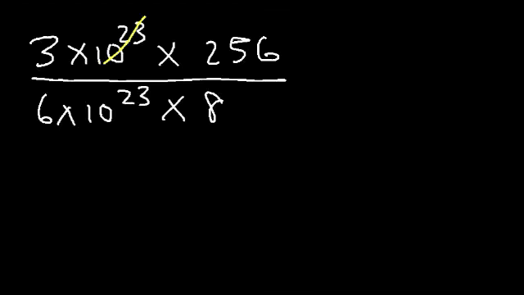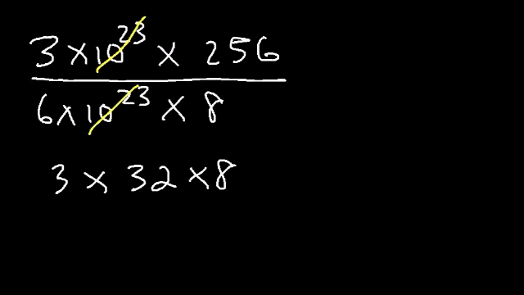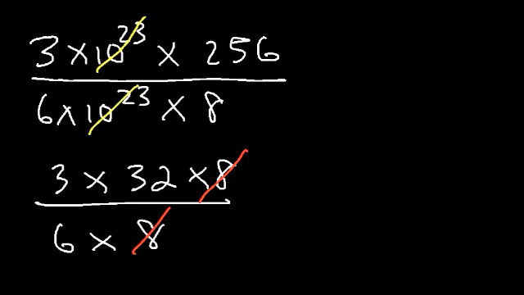Now we can cancel the 10 to the 23. Now 256, I'm going to write it as 32 times 8, because we multiply 32 and 8 to get to 256 in the beginning. So notice that we can cancel an 8. And 32, I'm going to rewrite it as 32 is basically 2 times 16.